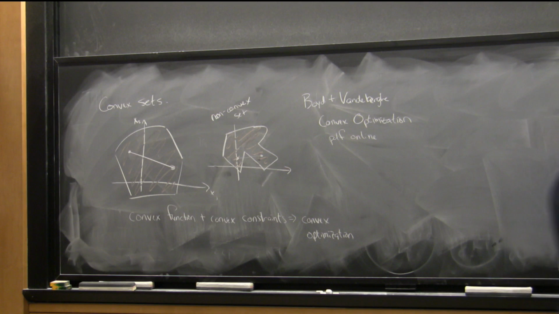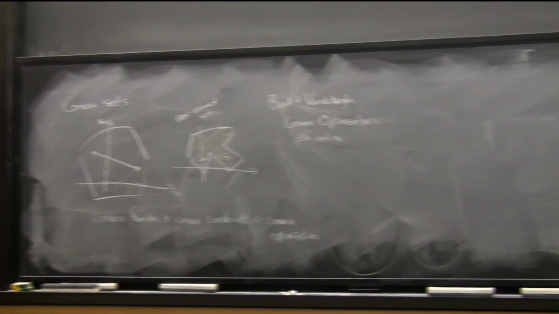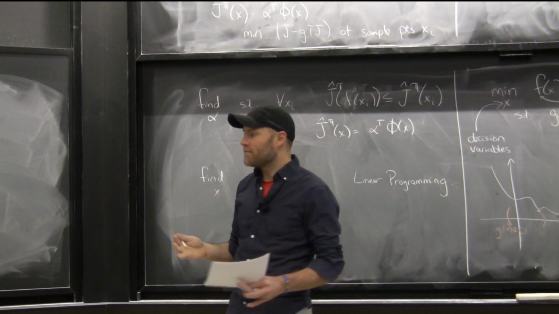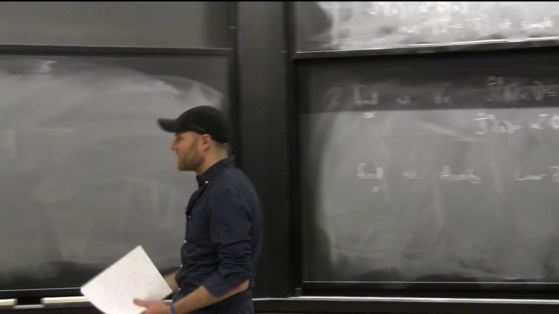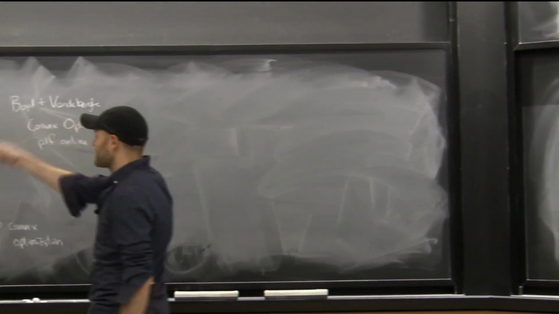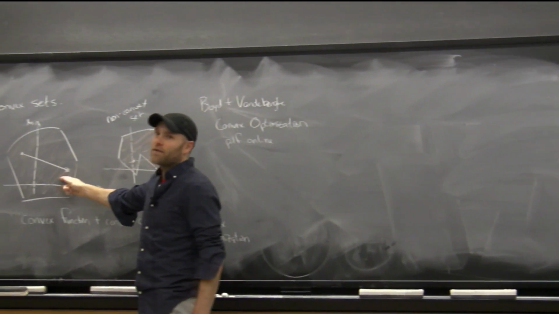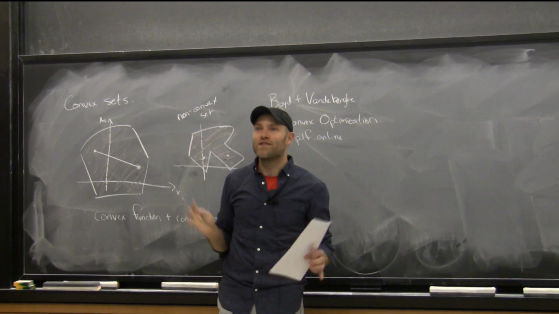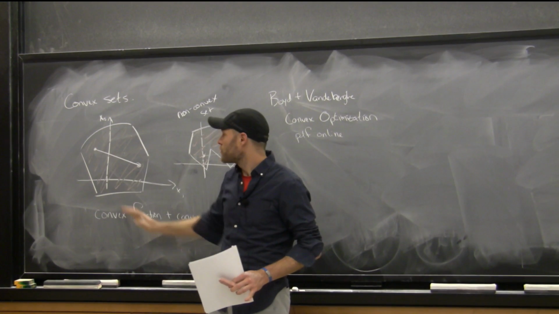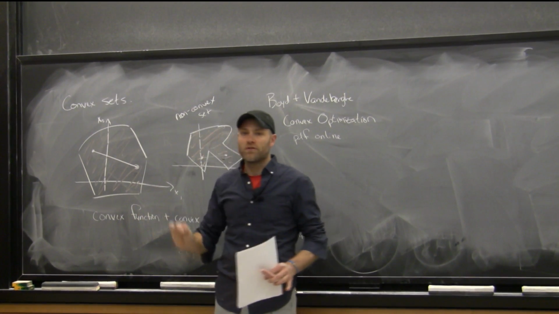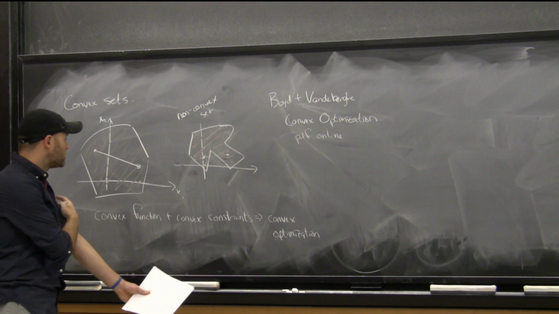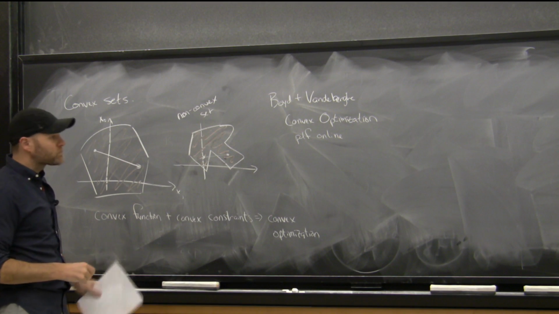When they come out of the bag, they look like this, and they're hard to optimize, and we don't have a lot to do with them. Maybe by massaging them, by changing coordinates, whatever, we can make them look more like this. It's sometimes surprising how far you can go. There's a lot of structure in the equations of motion of robots, for instance, that will allow you to write pretty powerful convex optimizations to solve pretty hard control problems. So it's a really important idea.